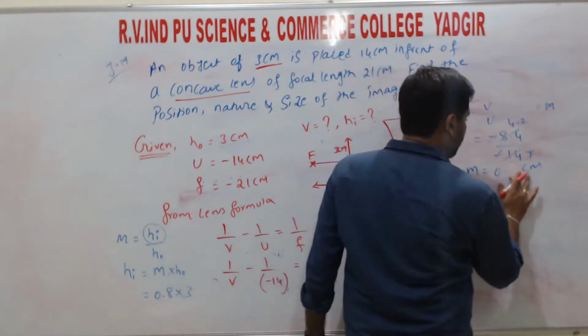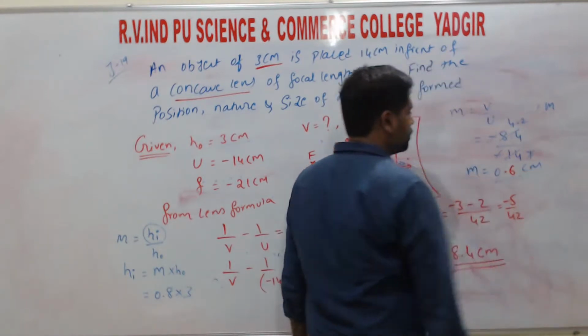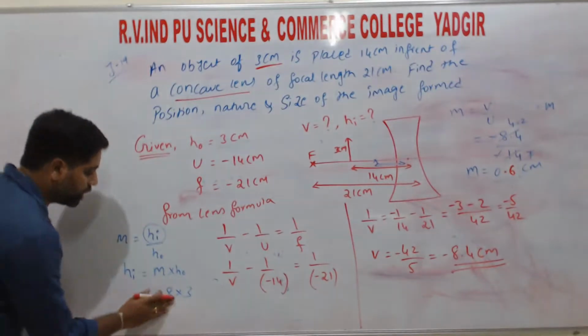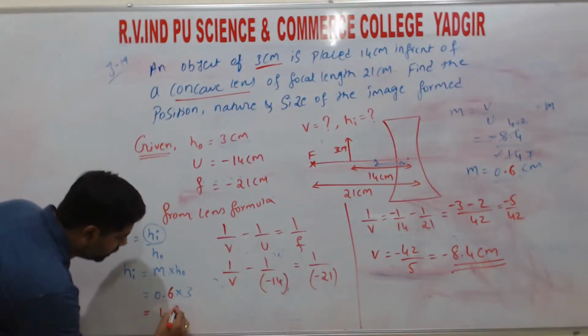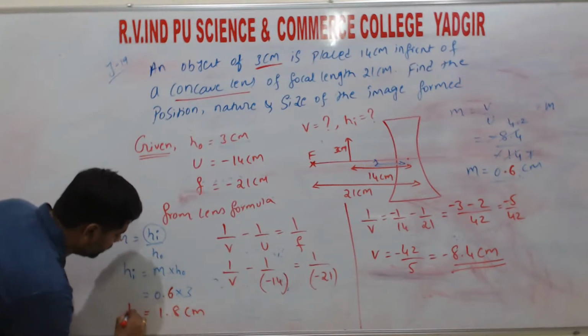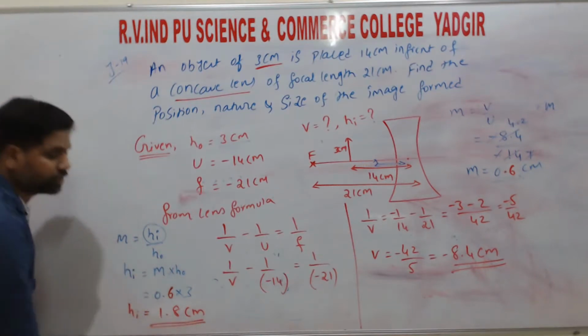Here it is 7 6s of 42, so 0.6. So 0.6 into 3, that is 1.8 centimeter. That is the height of the image.